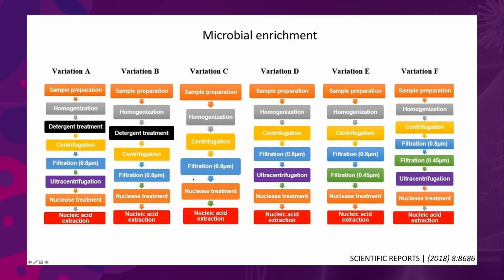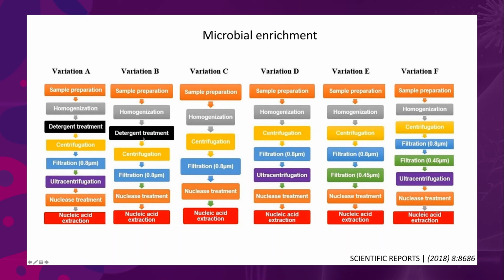Generally speaking, whenever we see ultracentrifugation, this usually refers to enriching mostly for the viral component of the metagenome, but this is extremely biased towards DNA viruses. So it's not something we can use when we want just the community analysis of the microbiome.